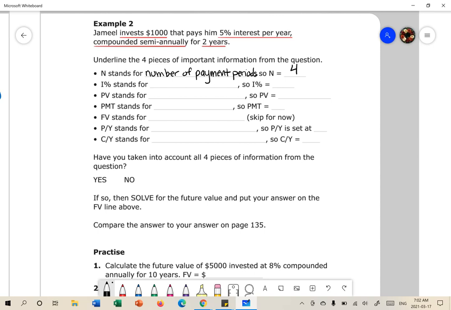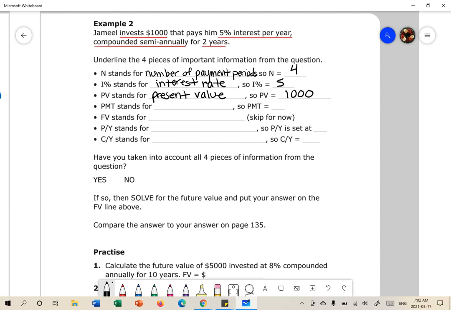Our interest rate is at the capital I. In percent form. PV stands for present value, which is 1,000. No units.